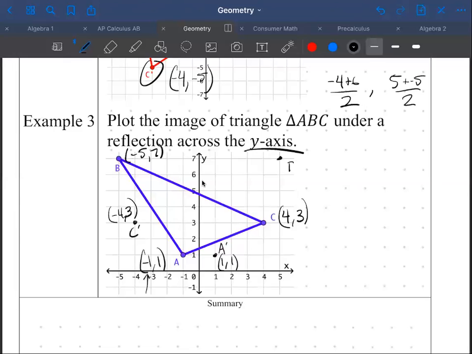And this is our B prime, which is 5, 7. And then connect them all with a straight line. So let's see how straight of a line I can do here. And there is our reflection.